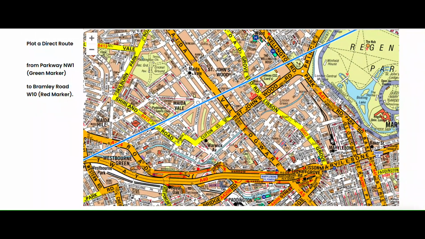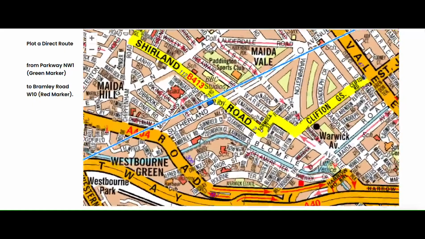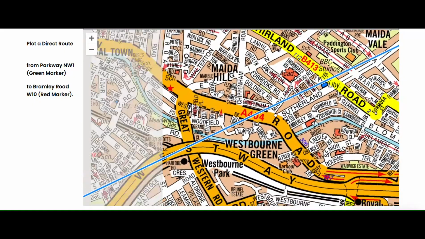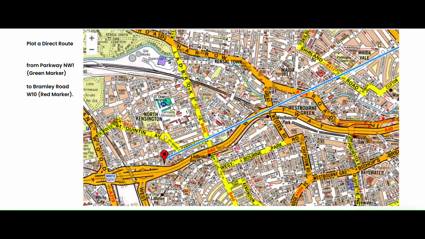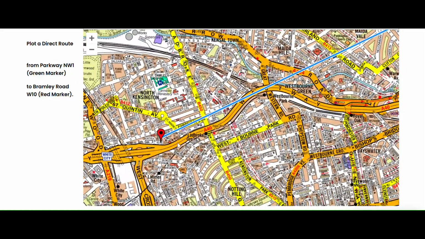So it means that after arriving here, we need to arrive here. We can do that by continuing our journey on this orange road, then taking on to this yellow road and arriving here. Once we have arrived here, if we follow this line closely, we can take this street, come onto this orange road, and then as you can see, our red marker is on the right hand side of A40.